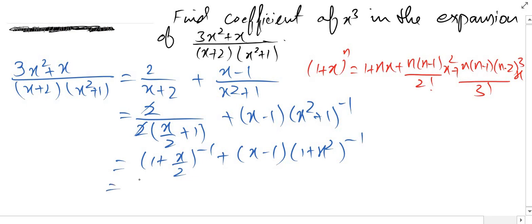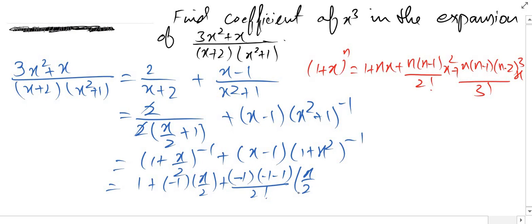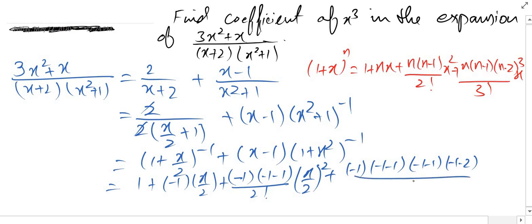So we can write 1 plus minus 1 into x over 2, plus minus 1 into minus 1 minus 1 over 2 factorial into x over 2 square, plus minus 1 into minus 1 minus 1 into minus 1 minus 2 over 3 factorial into x over 2 cube.